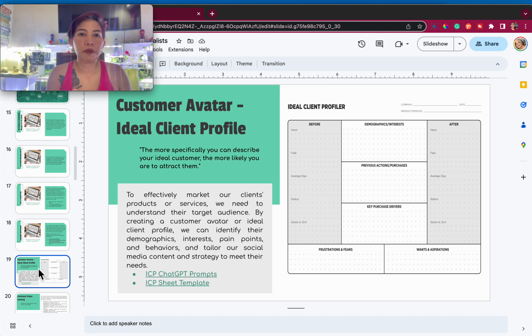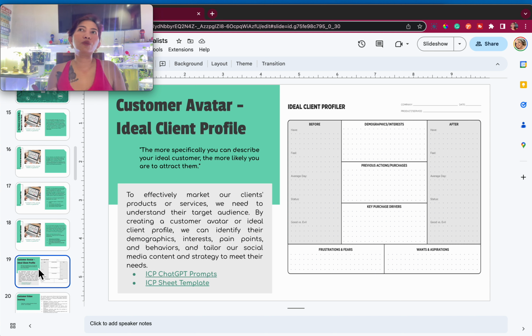So next up is, before we even draft our posts for the client, we need to know who we're posting for. If you're talking to a 3-year-old child, you wouldn't use highfalutin words. You may even be using baby talk to get through to them, right? So you need to know who you're talking to. Am I talking to a 3-year-old child?